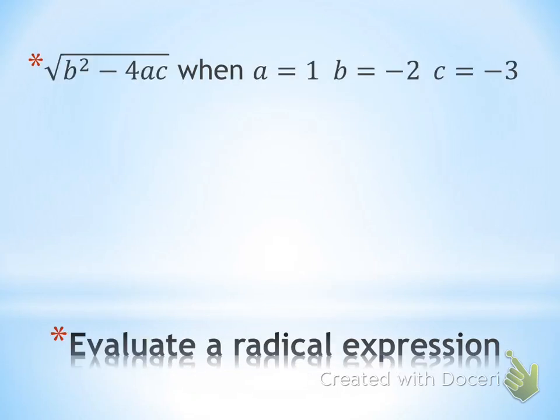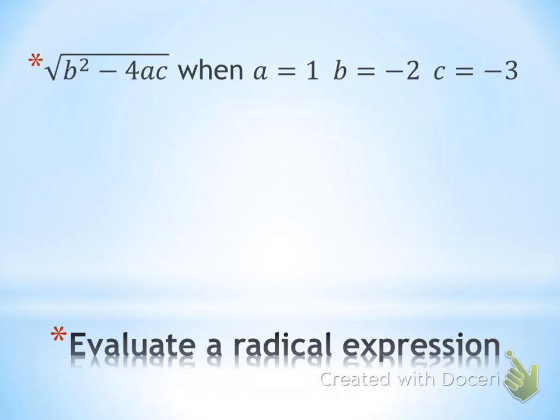And lastly, last example, okay? We want to evaluate this radical expression. So I've got the square root of b squared minus 4 times a times c. And what they've given me is all the values that I want to plug in. A equals 1, b equals negative 2, and c equals negative 3.